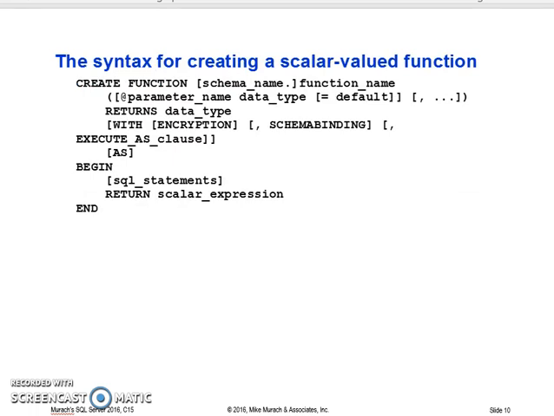Here's the syntax for creating a user-defined function, or UDF. The create function clause names the function and declares the input parameters. The syntax you use to declare parameters for a function is similar to the syntax you use to declare parameters for stored procedures. However, for a function, the declarations must be enclosed in parentheses.